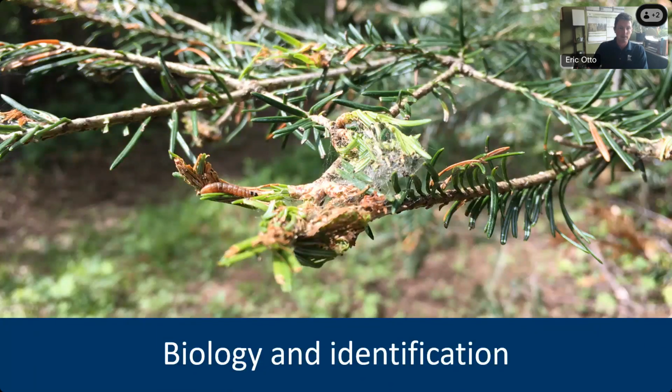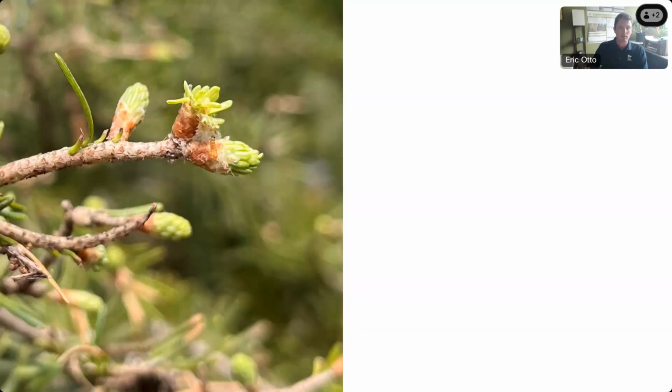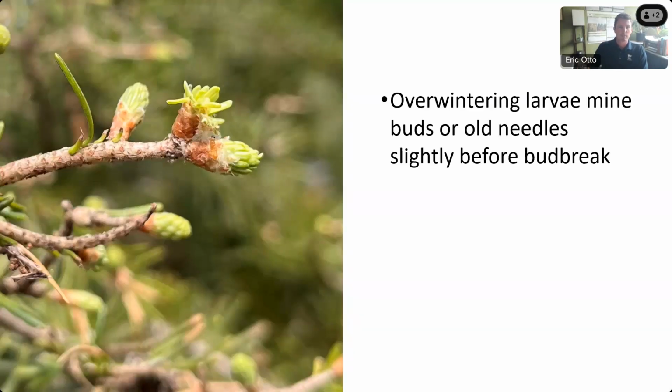All right, so now getting into some of the biology and how to identify this insect and the damage it does. The larvae are going to emerge typically around mid-May, could be anywhere from late April, early May. They're called budworm because initially they're going to mine the buds or the old needles slightly before bud break.